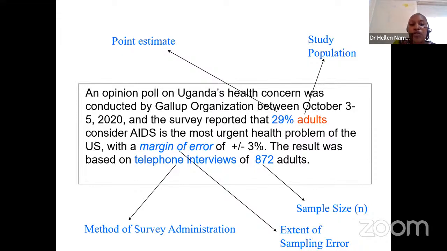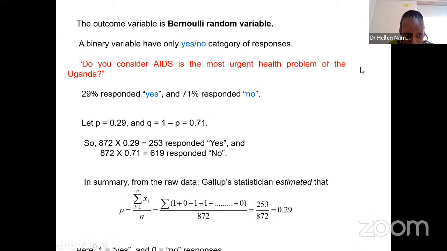We are told that there were phone interviews, and the sample size was 872. Most of the time, as you're reading different newspapers, you can come across such information. And in case you've got prior information about surveys and how they are carried out, it is always easy for you to come up with meaningful information.